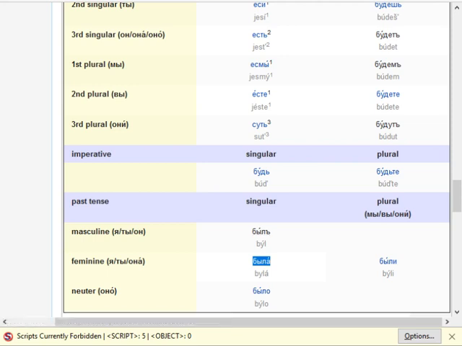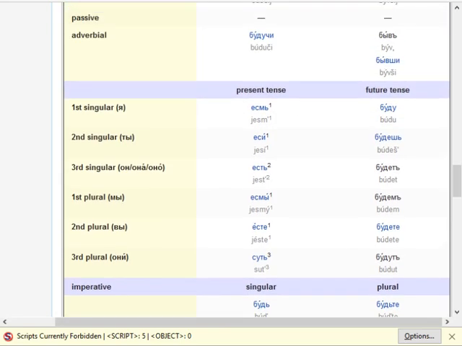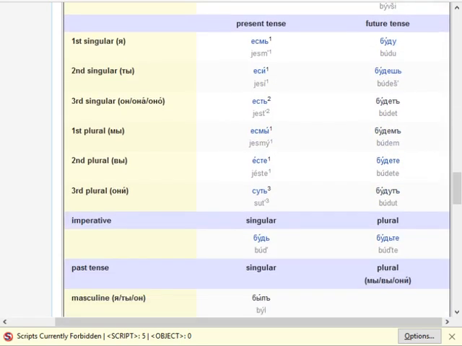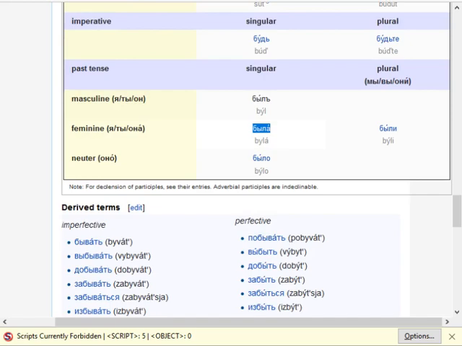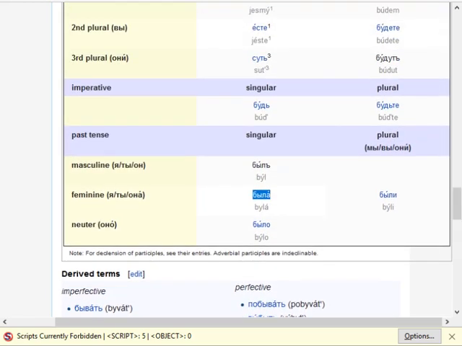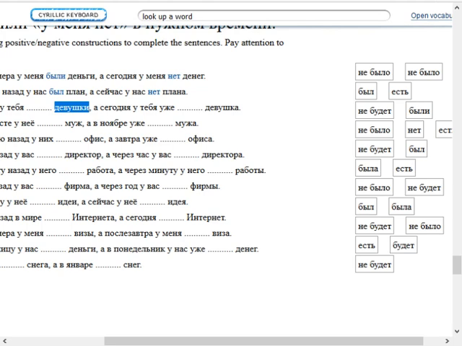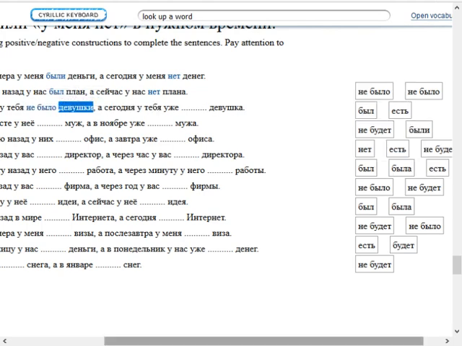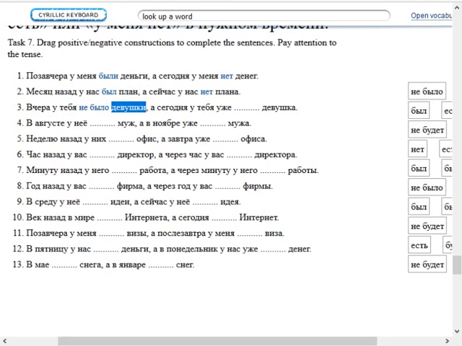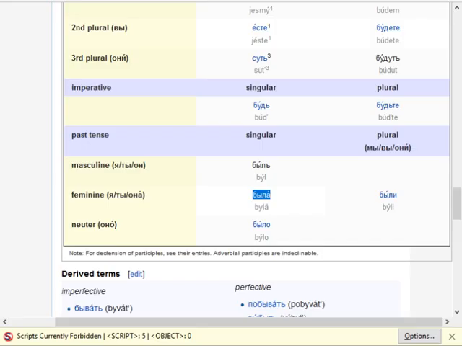And if it's in the past tense, then why? According to the information I have here, it's actually не было. Не было девушки. Why would it be не было?